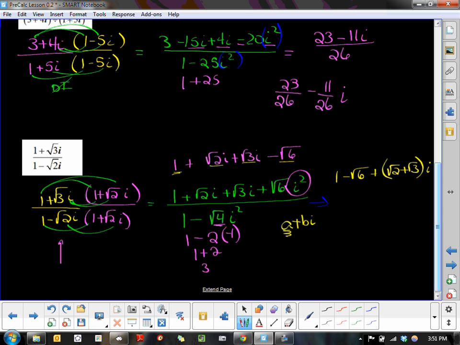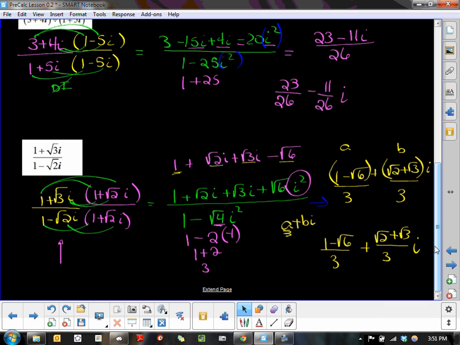And that's going to be plus, because there's a positive square root of 2. And here's our real part, 1 minus the square root of 6. So here's our a, here's our b, but we still have to divide each of those by 3. So divided by 3, divided by 3. So (1 − √6) over 3, plus (√2 + √3) over 3 i.